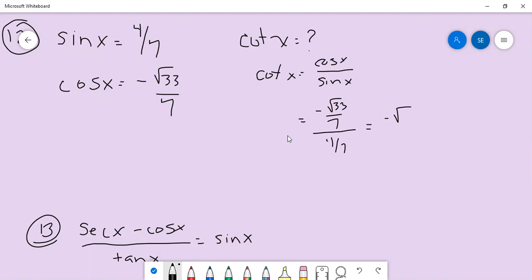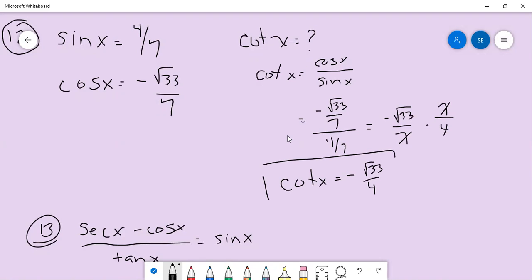When we divide by a fraction, we can multiply by its reciprocal. We're going to multiply by the reciprocal of 4/7, which is 7/4. Our 7's cancel out, and we get that the cotan of x is equal to negative square root 33 divided by 4.